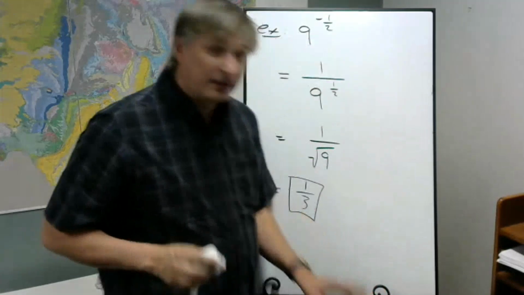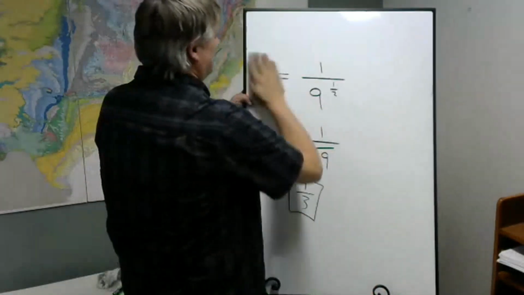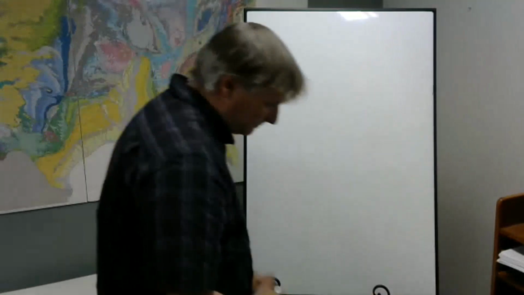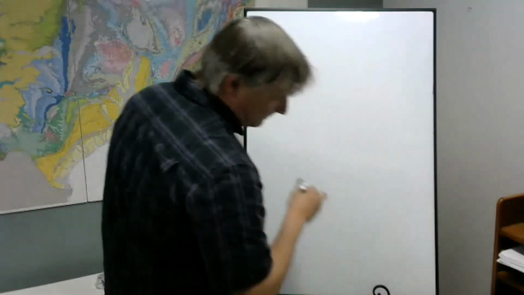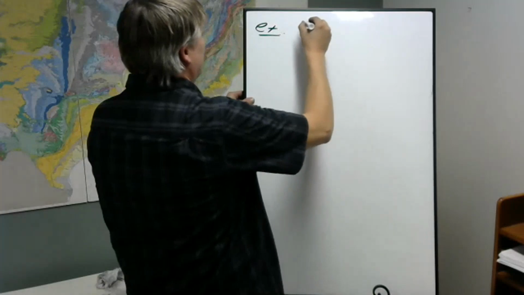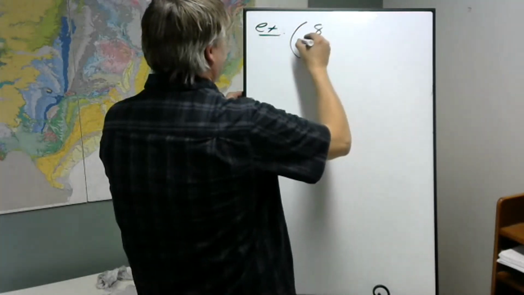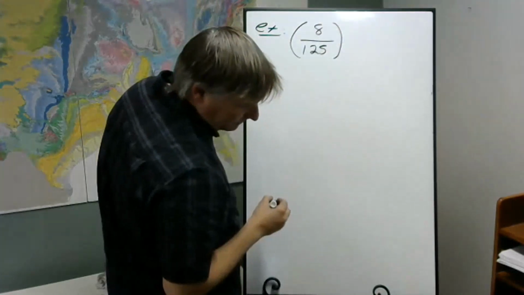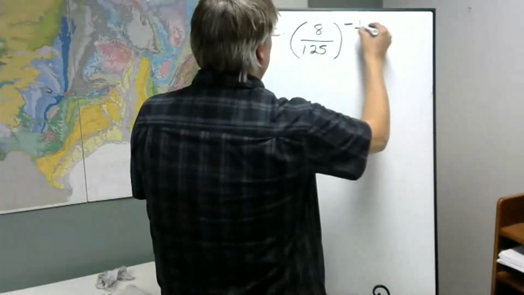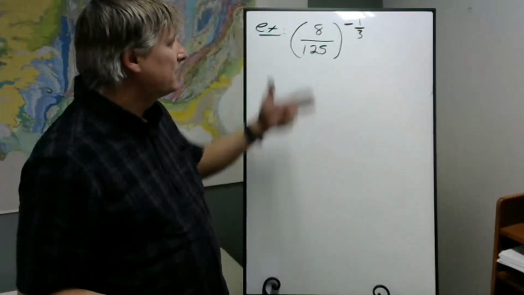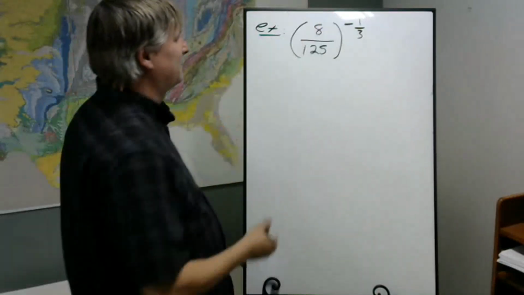Now, let's say we have something like this. Now, again, we want to get rid of the minus sign. So that means we're going to flip this thing.